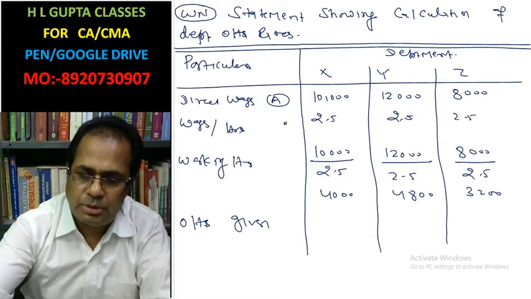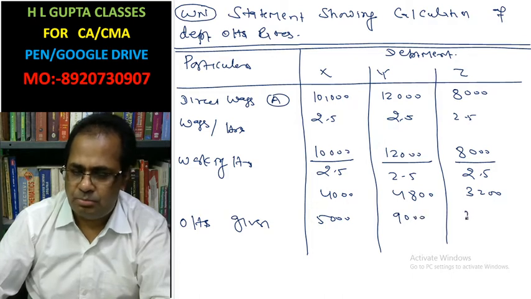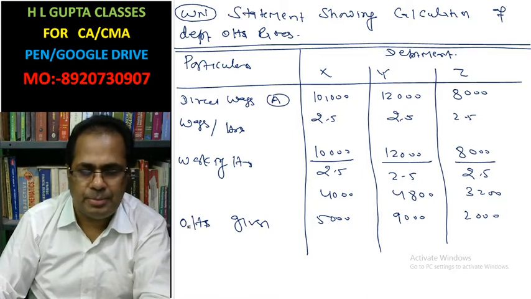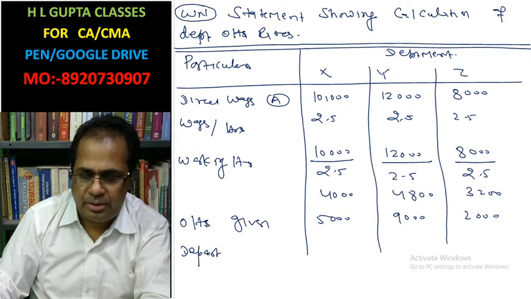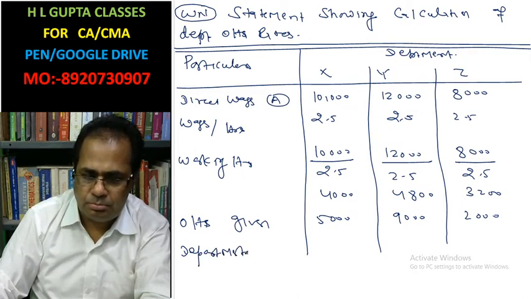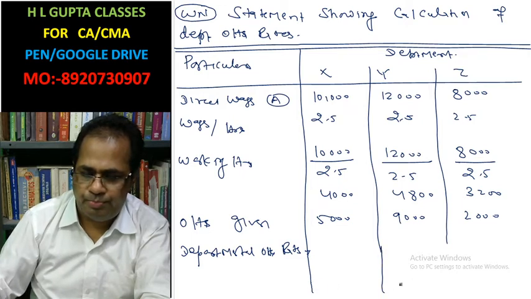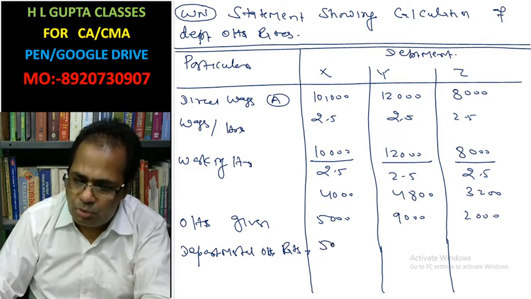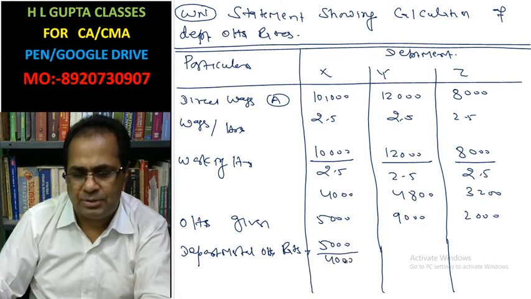Now the departmental overhead rates. The 5,000 overhead is taken for 4,000 hours.